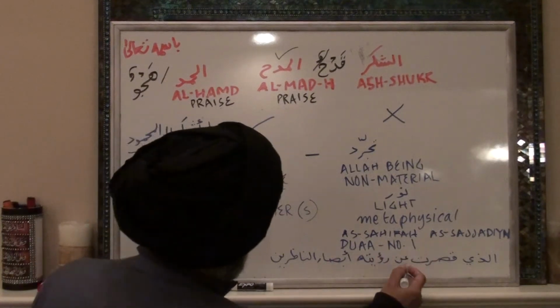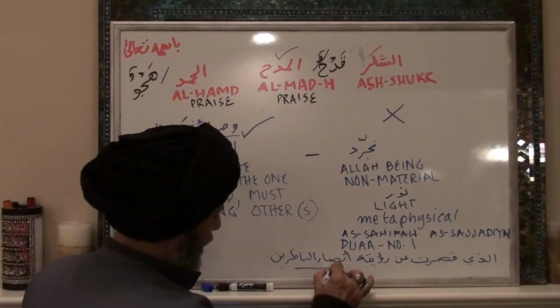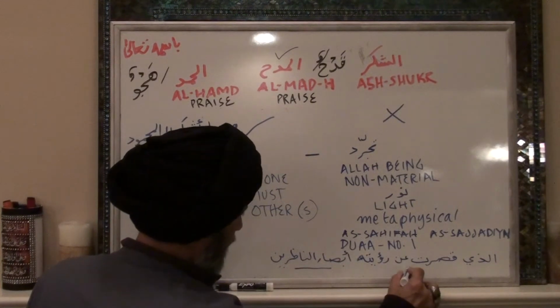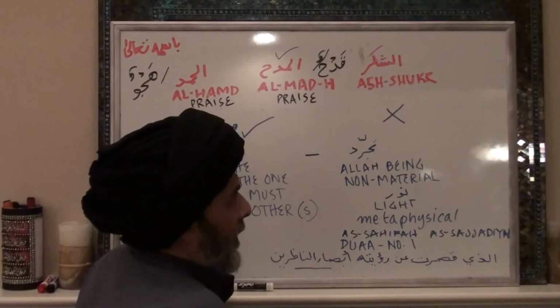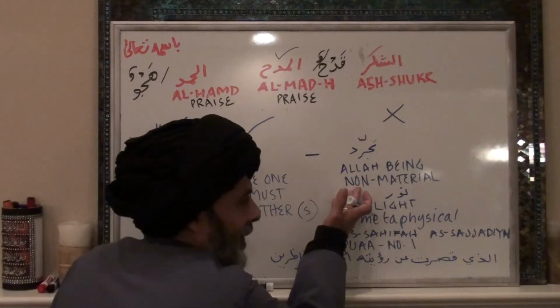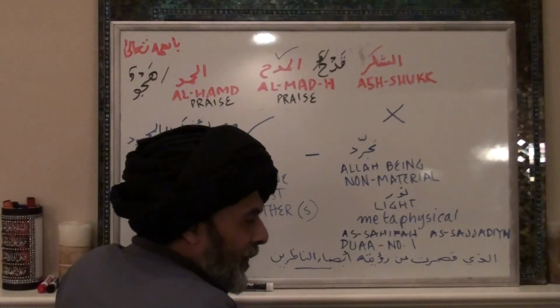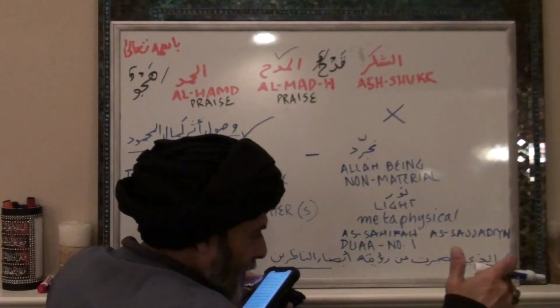Allah is the one that the eyes of the watchers, those who are watching, are unable to see Him. The reason why we are unable to see Allah is because Allah is non-material, right? Our eyes, physical eyes, can only see things of the world of matter to a certain limit.